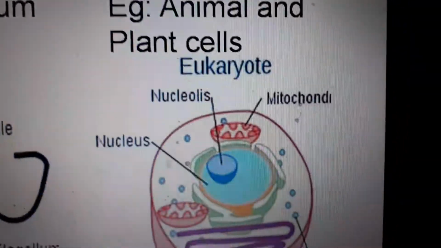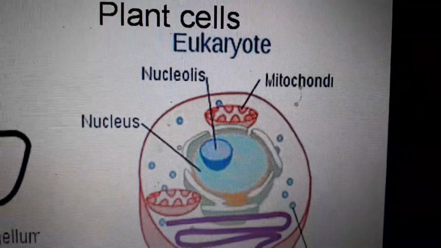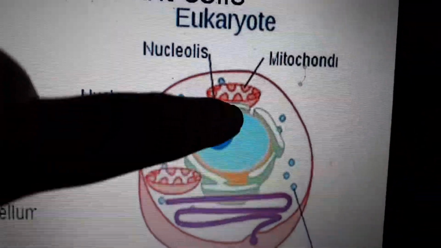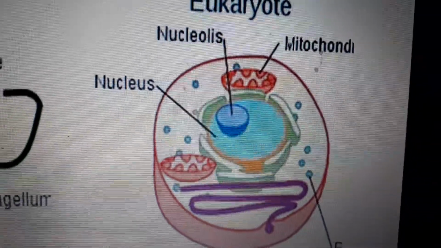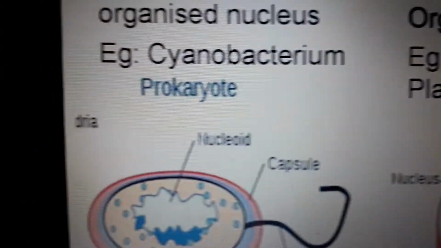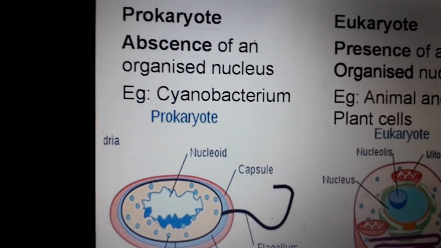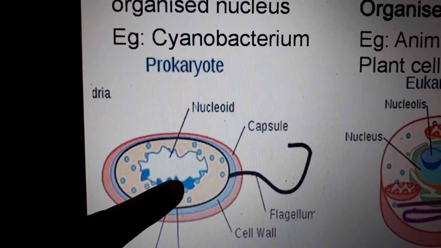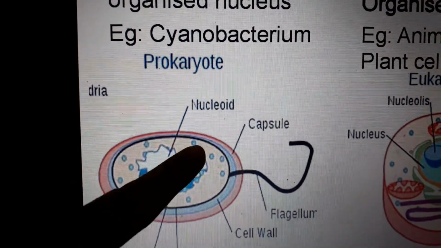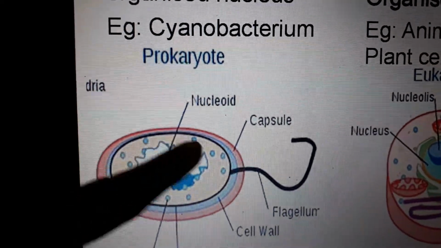If you observe the nucleus in a eukaryotic cell, you will find that it has a definite shape. A prokaryotic cell is a cell in which there is a nucleus, but it is not properly organized.